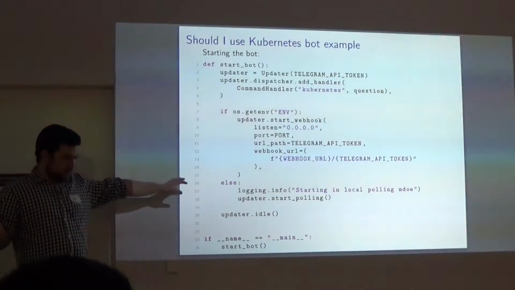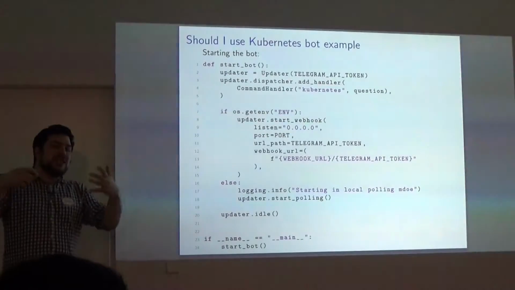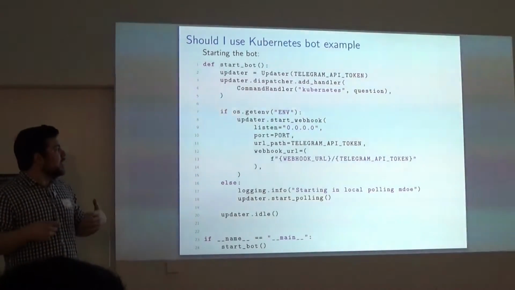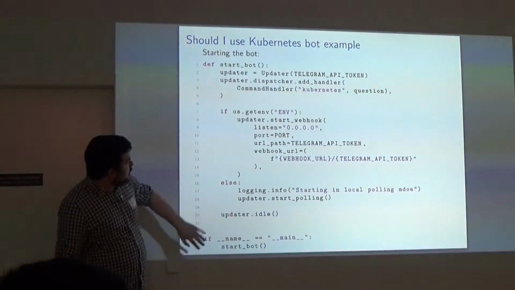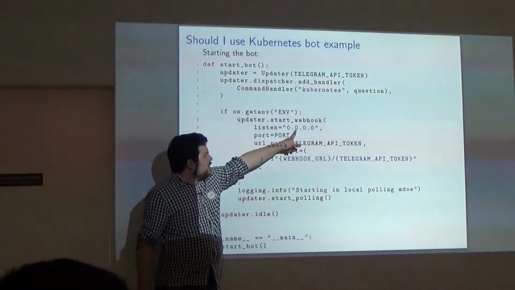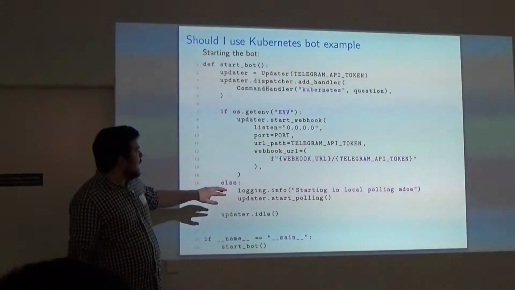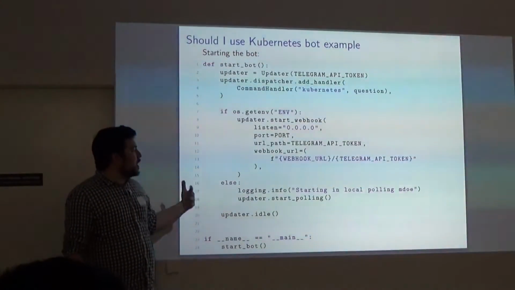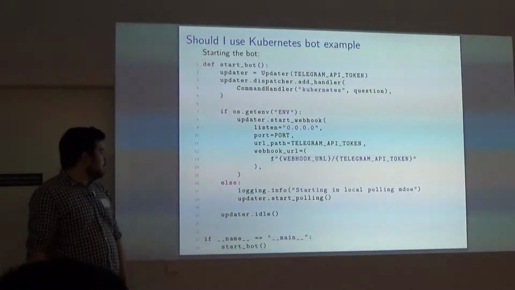So now we've seen the setup for our bot. We've seen the coding part, the Python part. Now let's see what we need in order to deploy this bot to Heroku. Just one thing, we need here to listen to all addresses, as this 0.0.0.0 implies, and then this webhook URL which we will set up from Heroku itself, and then we have to add a slash and the Telegram API token again.